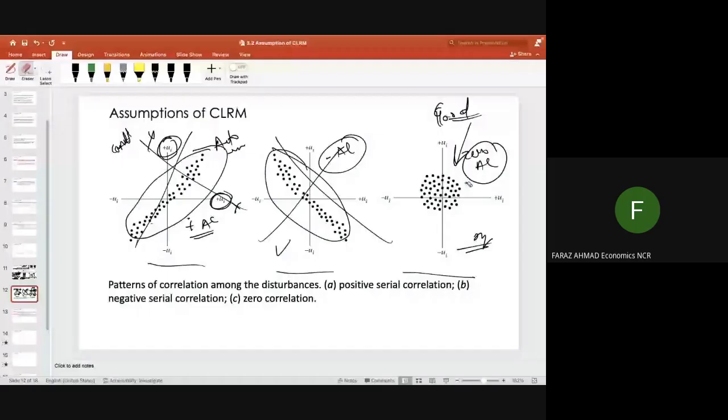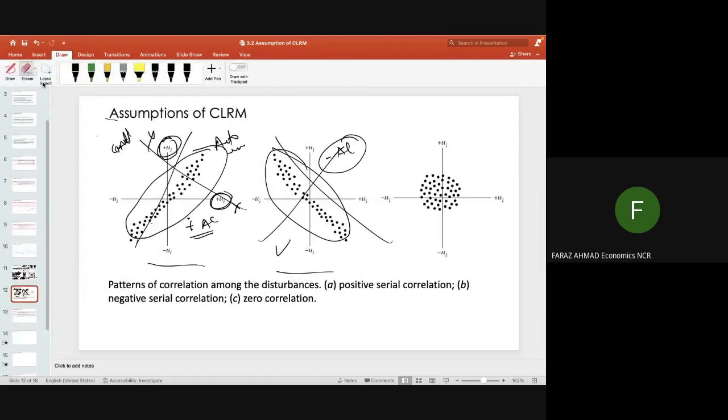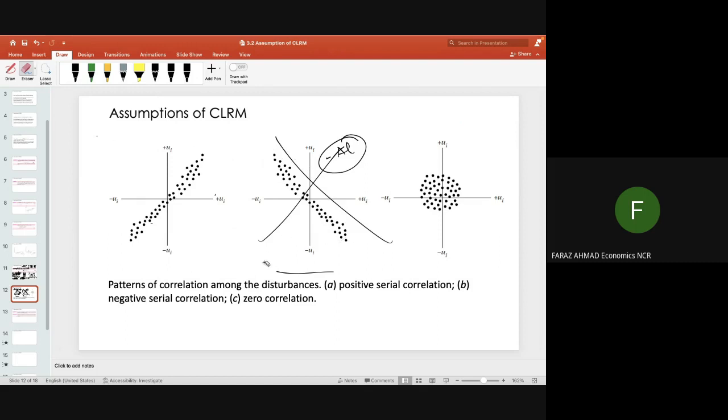If you have a look at the third graph, what is there on the x-axis? Let me change it a little bit so that you understand it better. I'm changing this i to j and this i to j.